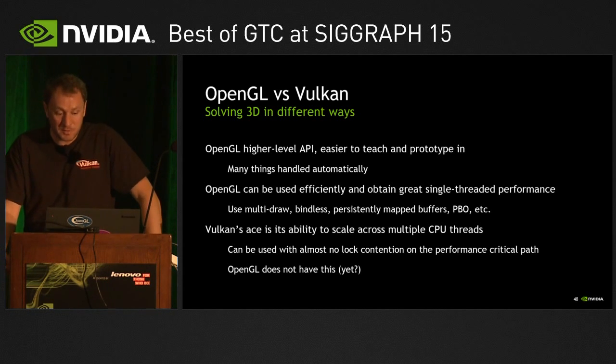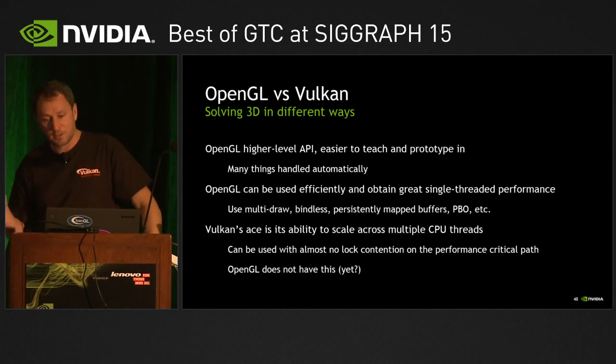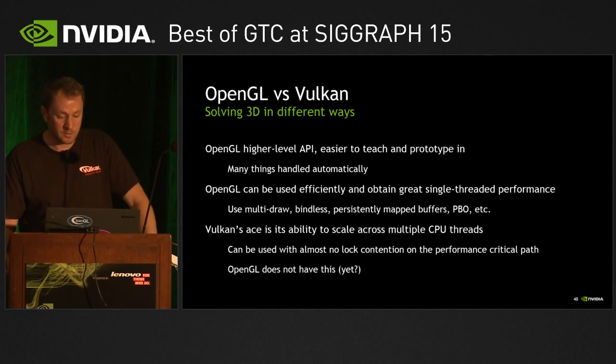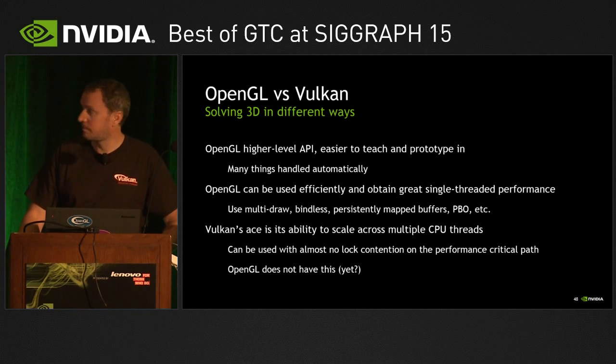OpenGL can be used efficiently if you're careful. It has fantastic single-threaded performance that can even approach Vulkan if you use NV command list, for example. But Vulkan's ace, the thing that really separates Vulkan, is the fact that it scales well across multiple CPUs. And we don't have that yet in OpenGL.